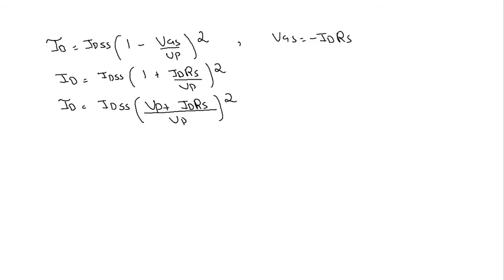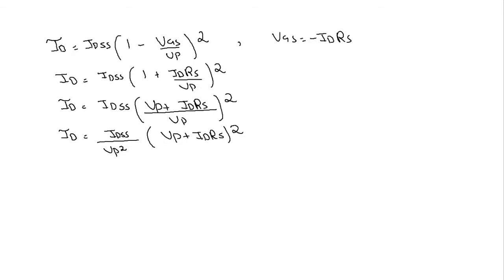Again I need to further simplify this. Let me take the VP out from this equation. So we have ID is equal to IDSS divided by VP whole square, and this is VP plus IDRS whole square. Now this is actually my a plus b whole square.